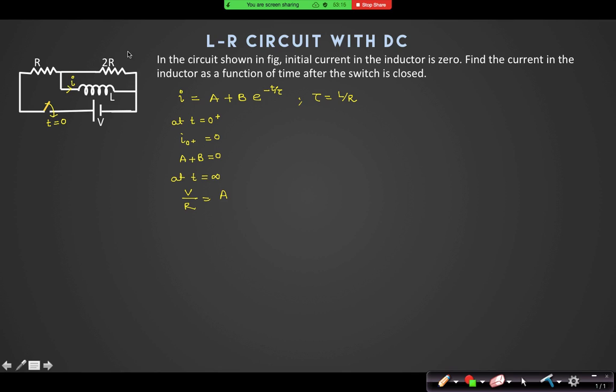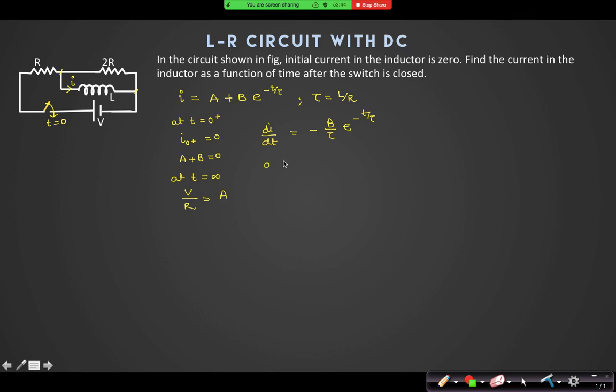Look here, there is no current in the 2R branch, right? So the potential difference across this inductor is also 0. So can I find di by dt? Di by dt is equal to minus B by tau into e power minus t by tau. Yes or no?